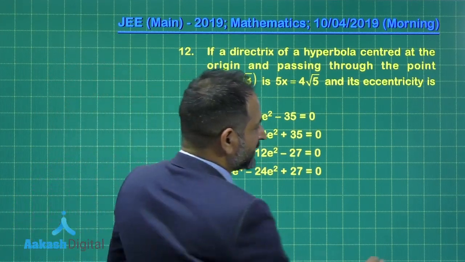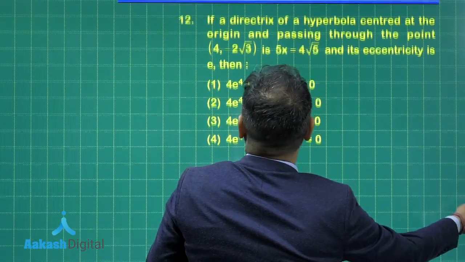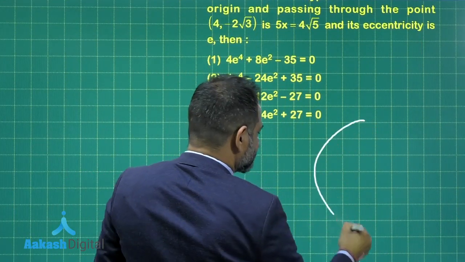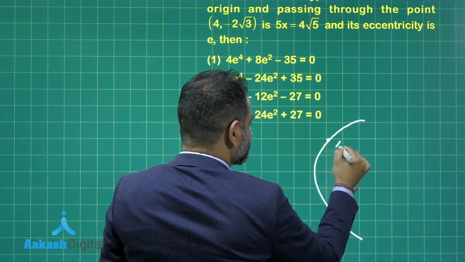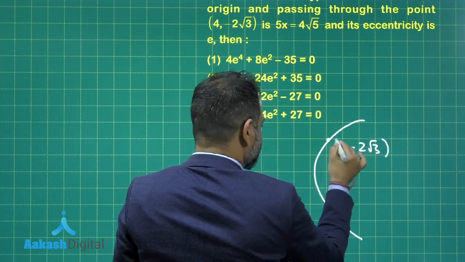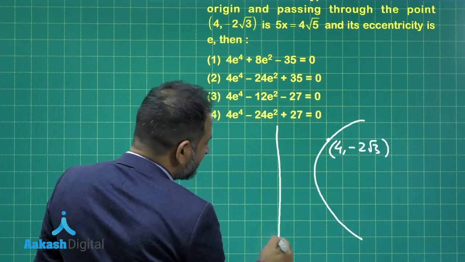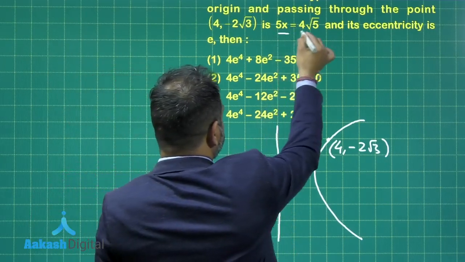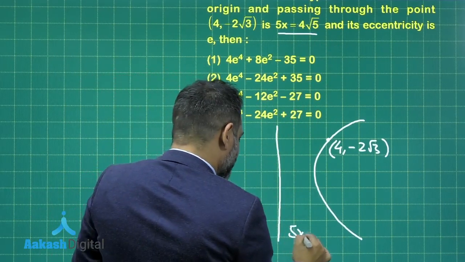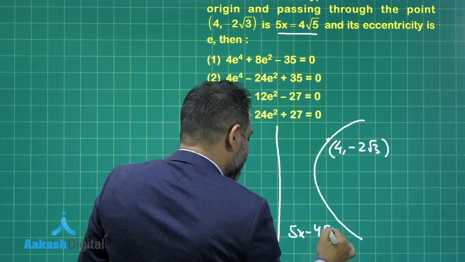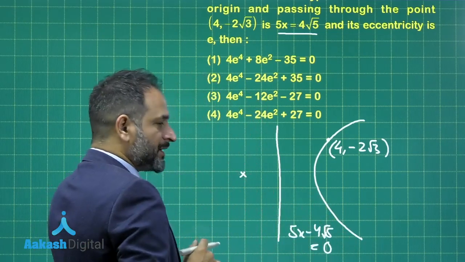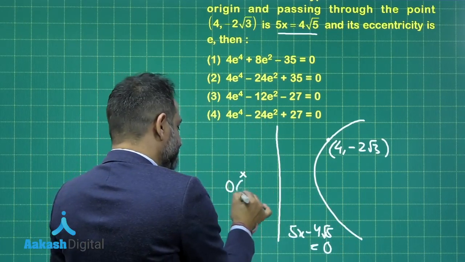So, we are given that a hyperbola is there which is passing through (4, minus 2 root 3) and it has this directrix. The directrix equation is 5x minus 4 root 5 equal to 0. Now, the center of the hyperbola is at origin.